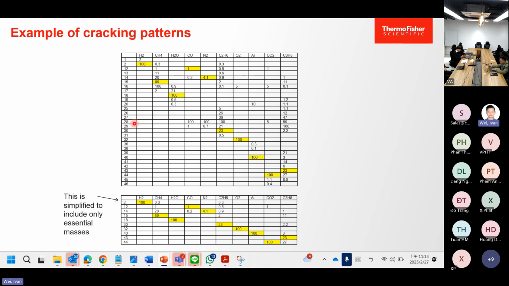At molecular weight 28, we have nitrogens, carbon monoxide, and C2H6. All of these compounds have a molecular weight of 28. If we are trying to measure 28, that will create a lot of interference. Also right here, you can see C3H8.